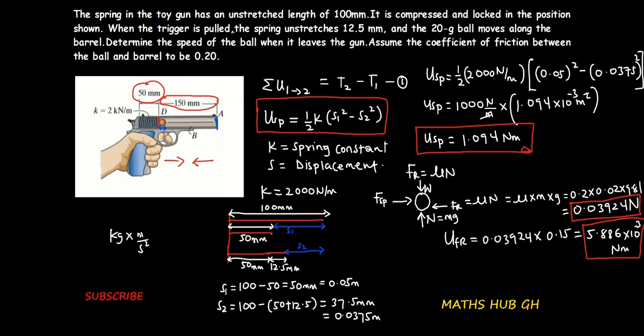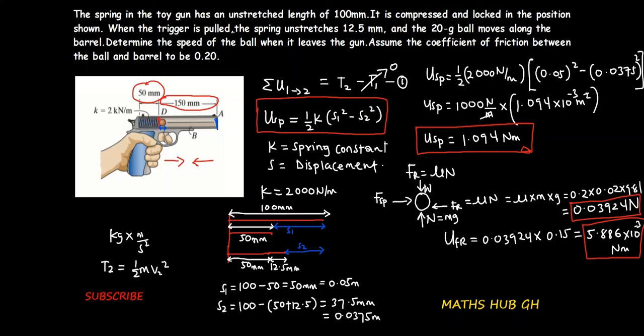Now let's look at how you are going to calculate the change in kinetic energy. Initially the ball was at rest, so that makes the initial kinetic energy 0. So T1 will be 0. Then what you have to do now is to find T2, which will be half m v2 squared.